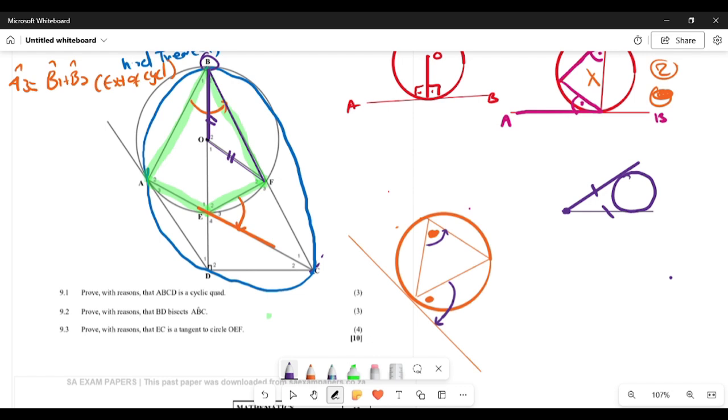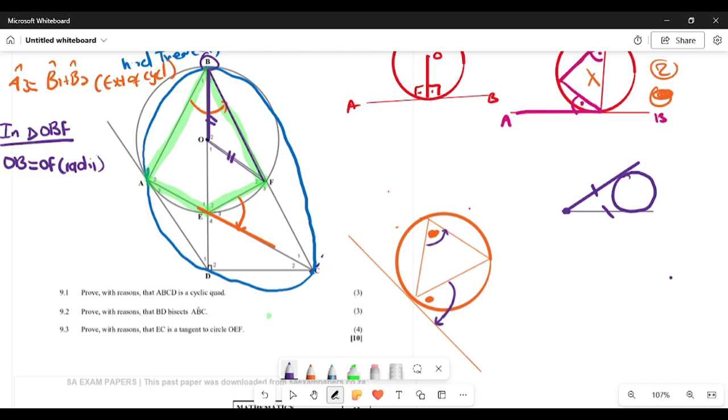These lines are both radii, meaning that these two angles are going to be equal to one another. I know that angle B2 is equal to F1, opposite equal sides, base angles.